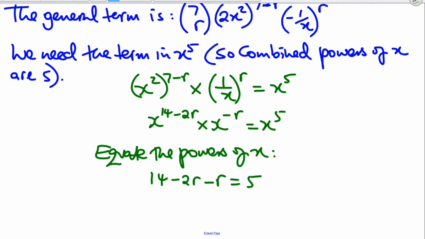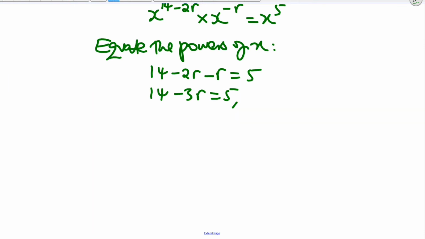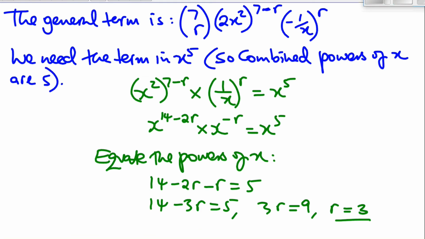So basically 14 minus 3r is equal to 5, which means we shall end up with 3r being equal to 9 and r will be equal to 3. So now that r is equal to 3, we can plug 3 into the general term to be able to find the specific term in x to power 5.